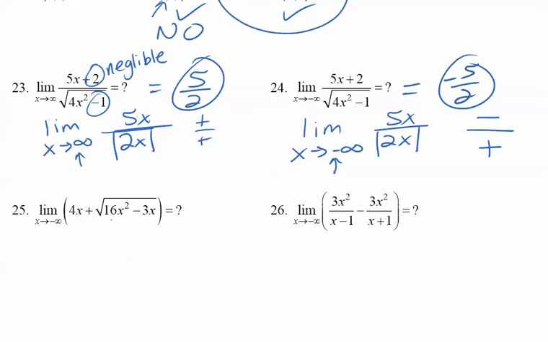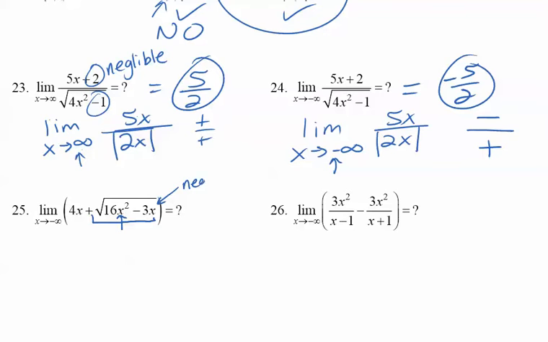All right, our limit laws again. Our limit of the sum of terms is the sum of the limits, and our limit of a root can be the root of the limit. And if we let x go to negative infinity, as we let x get smaller and smaller, the squared term is going to be so much bigger.